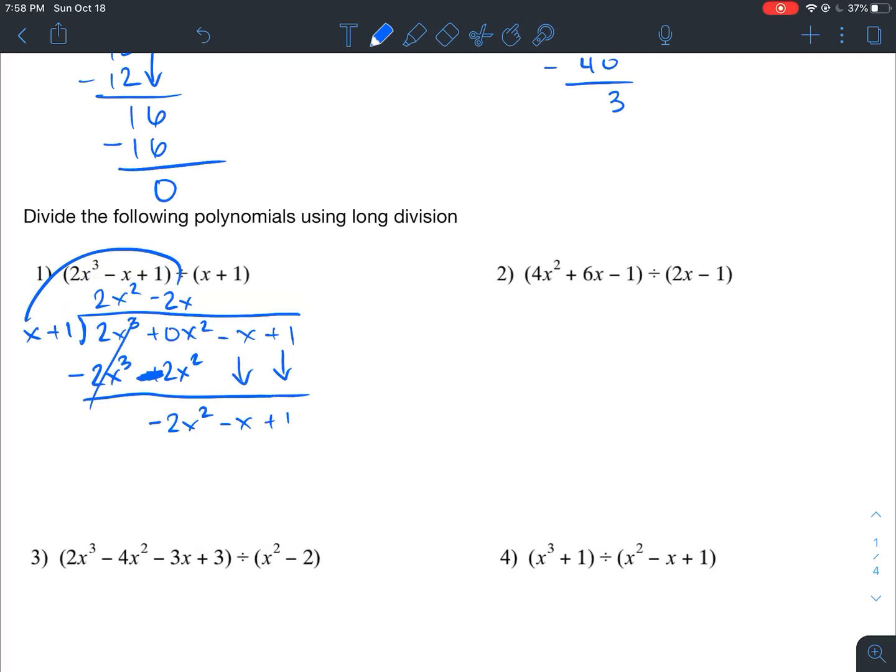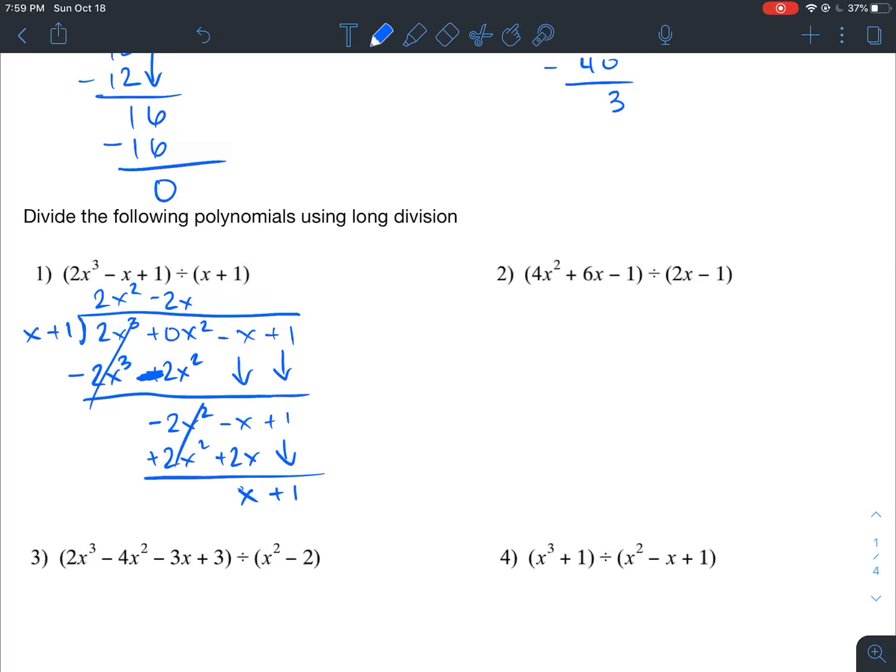Negative 2x times x is negative 2x squared. Negative 2x times 1 is negative 2x. And you subtract, so that means you flip the signs. Okay, well those cancel out. Now you have 2x minus x, and that's going to be positive x, and drop the plus 1.